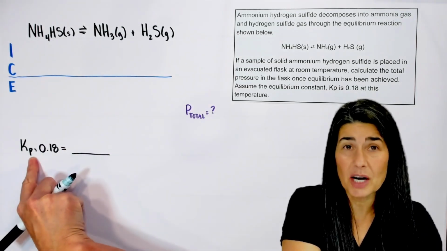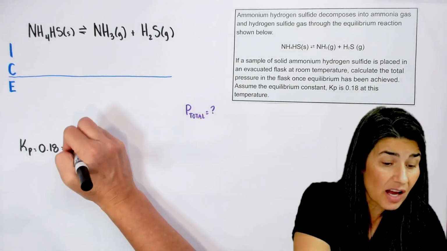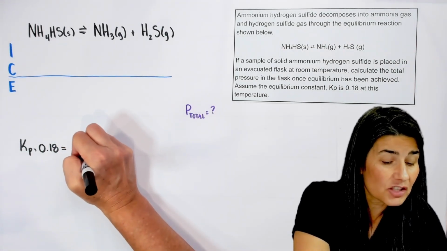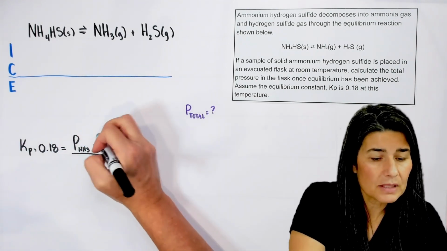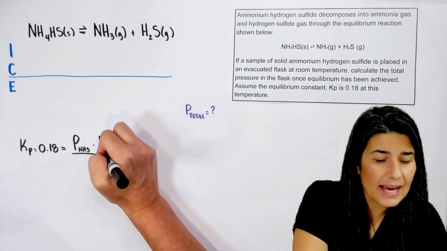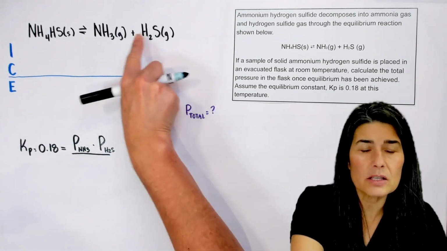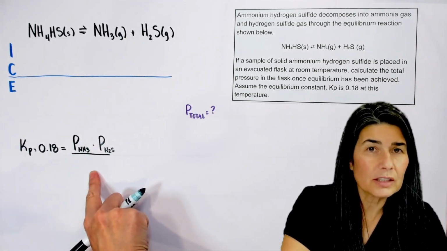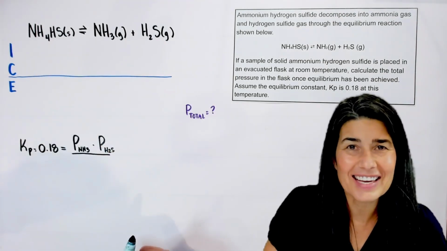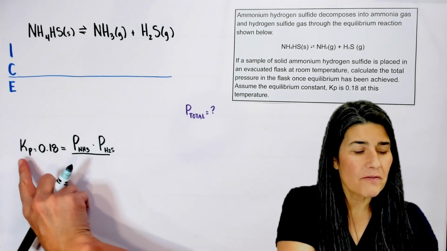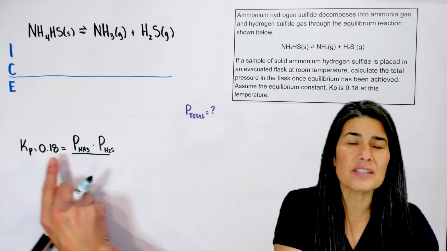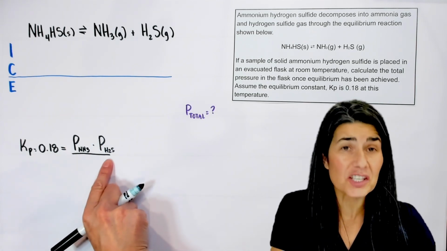Since we're dealing with pressures, let's write pressure of NH3 raised to the first power times the pressure of the H2S raised to the first power over nothing. It's a solid. Leave it out. That is our equation. Now, for Kp expressions, we need equilibrium pressures.